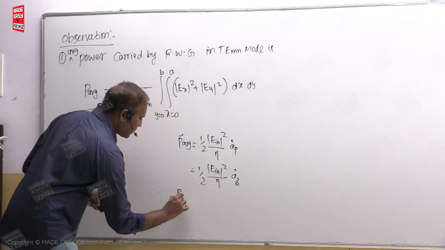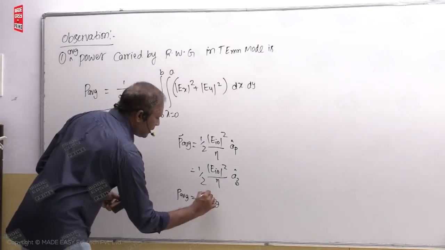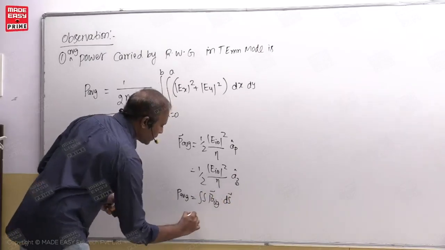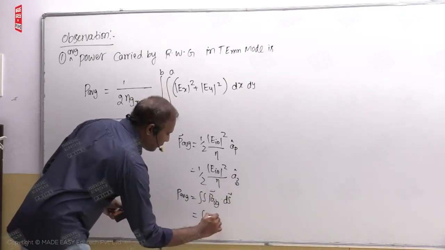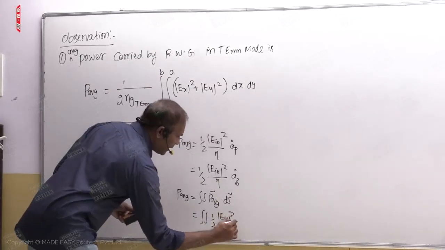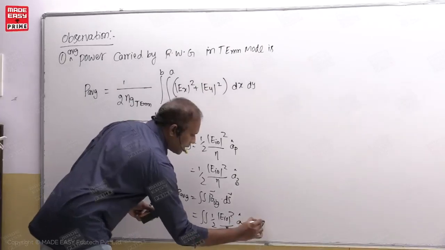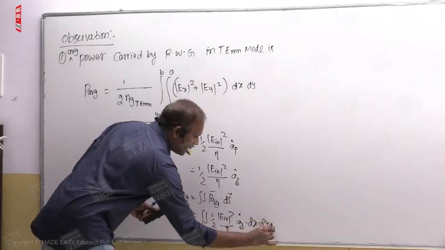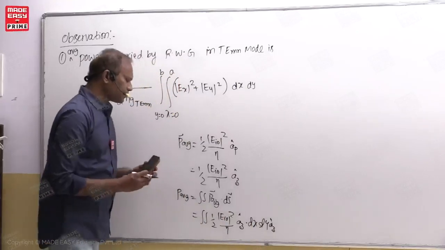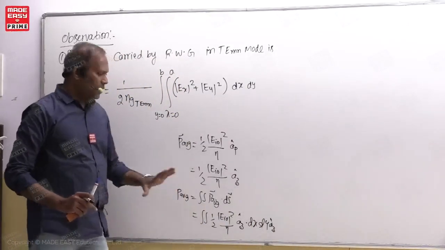Then average power is equal to double integral of P average vector dot ds vector. So double integral of half E_0 square divided by eta a_z dot ds vector, which in the z direction is dx dy a_z, dear students. Now this is for uniform plane wave, already you have studied this one.